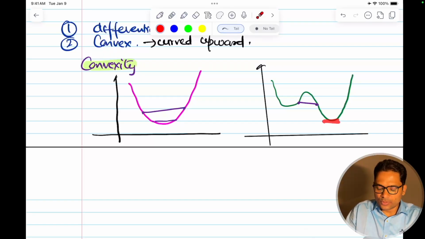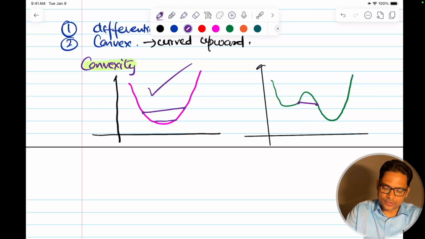No, the bottommost point is here, but still I have connected two points on the curve with a line which is, sorry, below the curve. It is below the curve. So I have got such a line segment which is below the curve. So this is not convex. So this is convex. Yes, this is not convex.